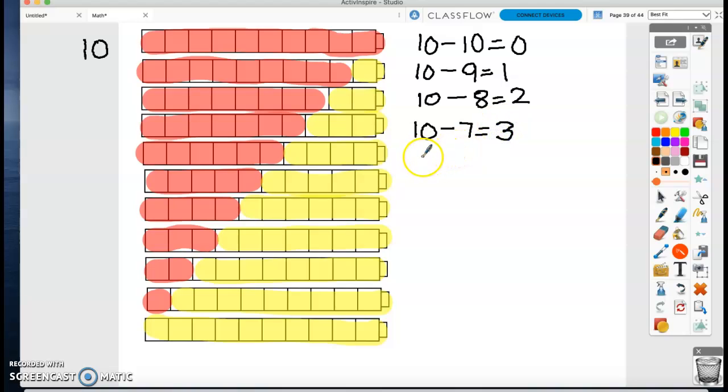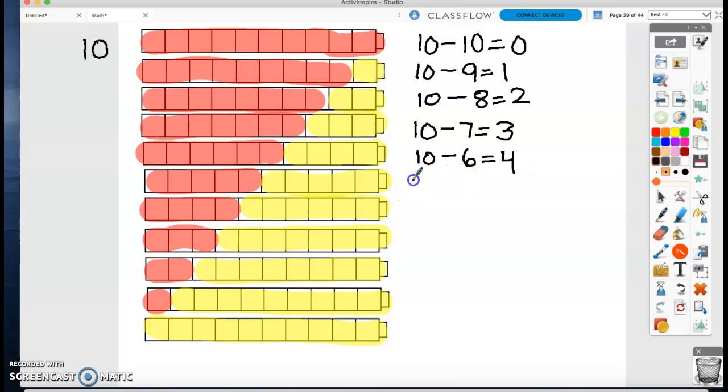Awesome. How many do we have altogether? 10 minus how many red? 6 equals how many yellow? 4. Great job.